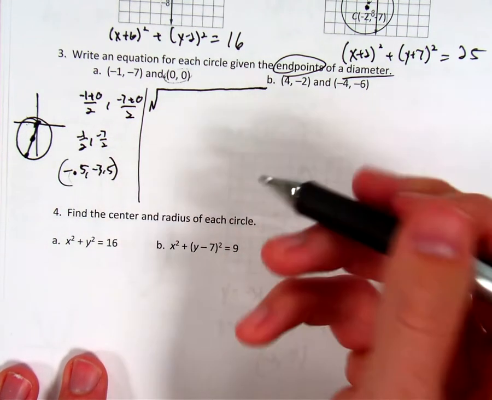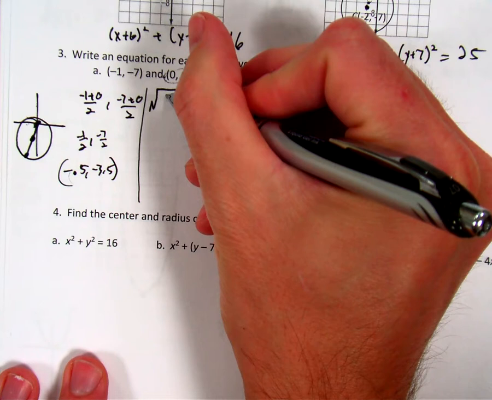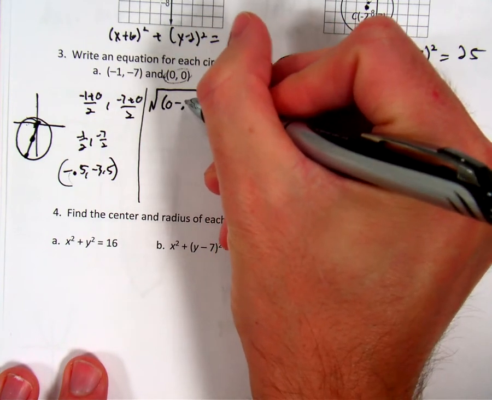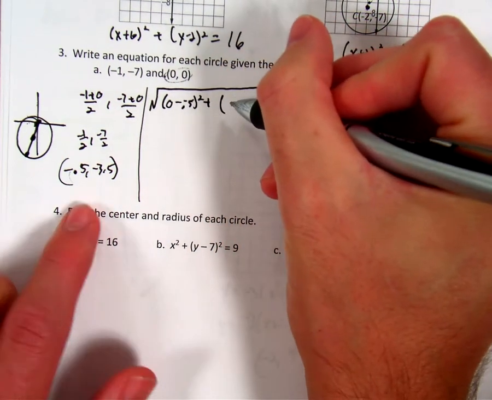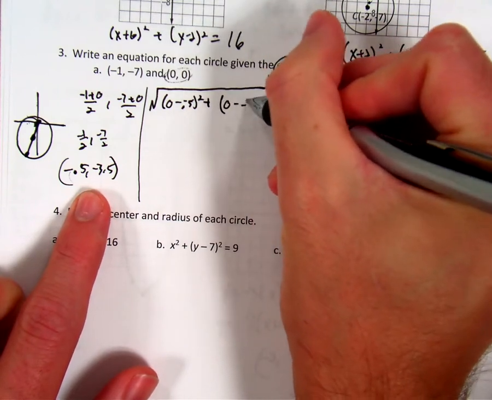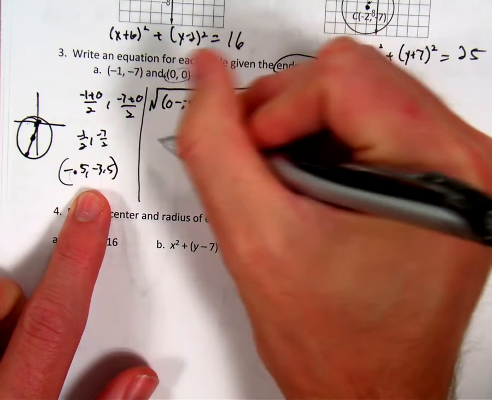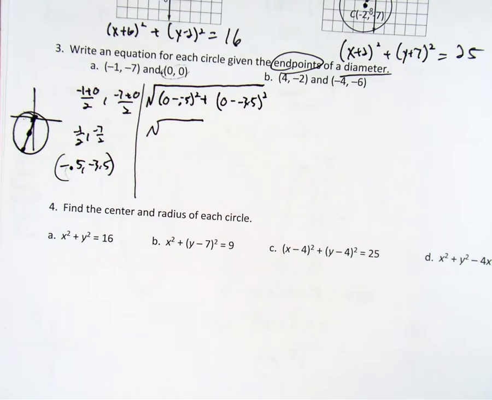Pretty easy stuff. Okay, so we're going to have 0 minus -0.5 squared plus 0 minus -3.5 squared. And if I'm remembering right from class, this should come out as 12.5.